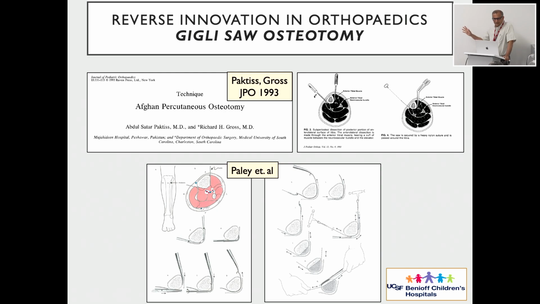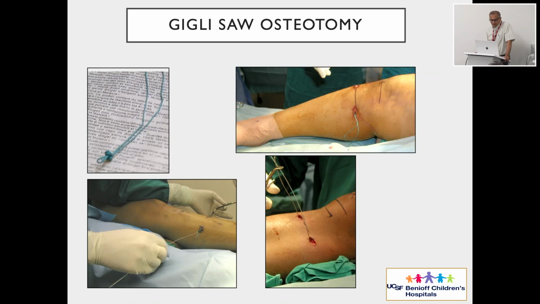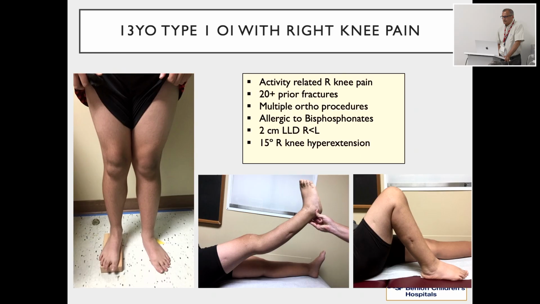A lot of these never get published, but it was in the northwest frontier close to Pakistan. And then later got adopted by the Baltimore group. And I use it sometimes, not as often as I used to. And I'll show you an example where I think this really helped.